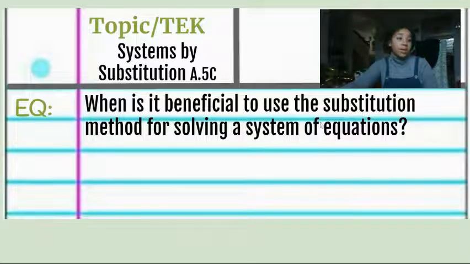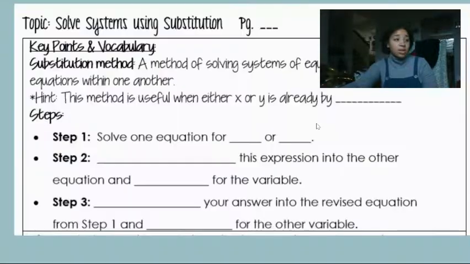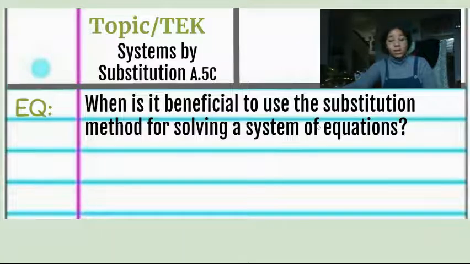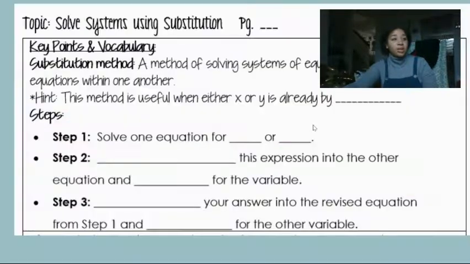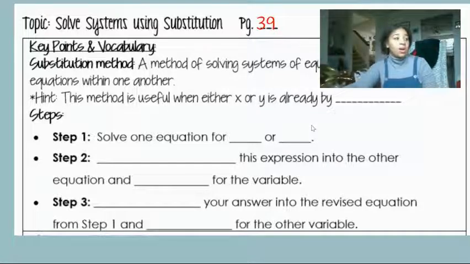Okay, so when is it beneficial to use substitution method for solving systems of equations? So that is today's essential question. When is it beneficial to use the substitution method for solving systems of equations? So substitution method, a method of solving systems of equations by substituting equations within one another.